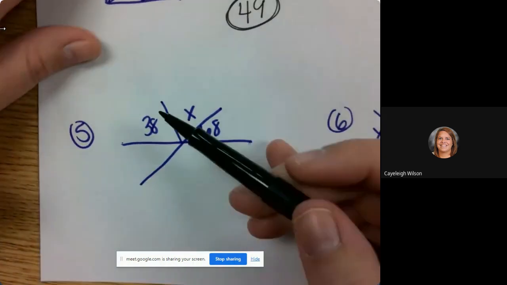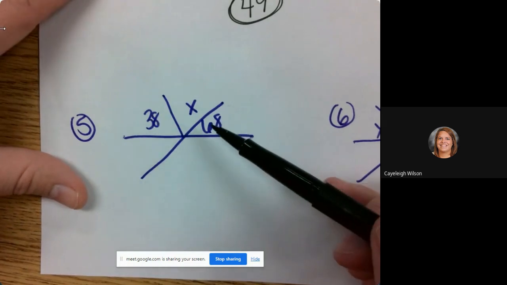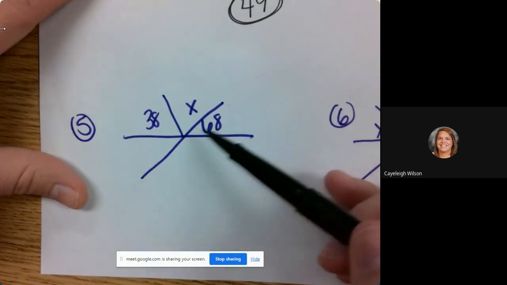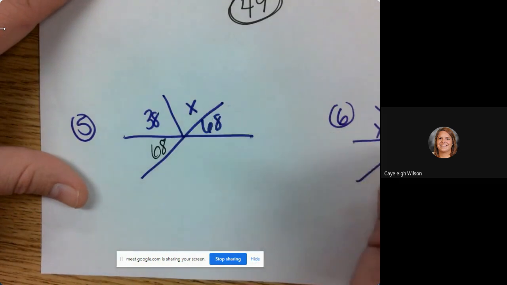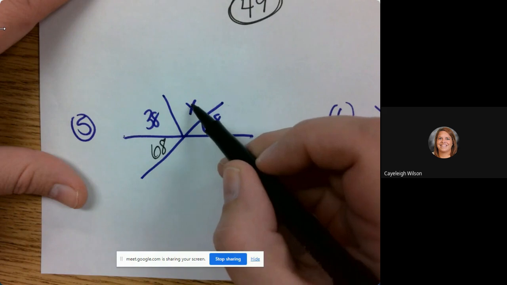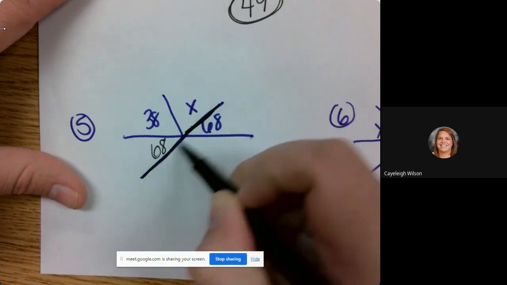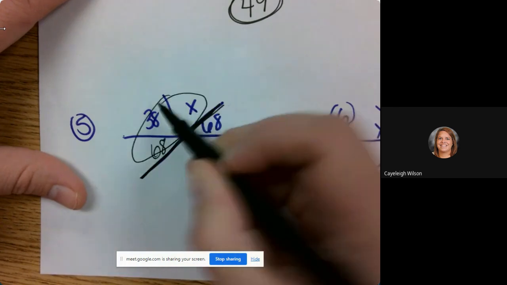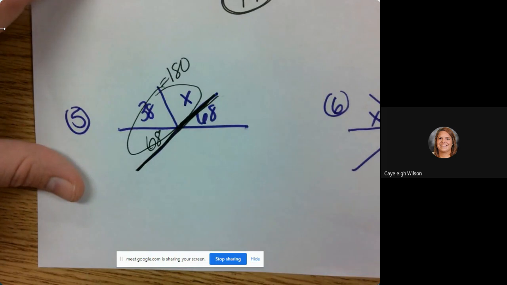All right, number 5. I'm not sure, so I'm going to fill in this missing vertical here. If this is 68, so is this. I don't know this one, though, because that's got an X on it. But I do see that this X is on this straight line, and if I follow that straight line down, I know that all three of these should equal 180 because they're all on the same line next to each other.